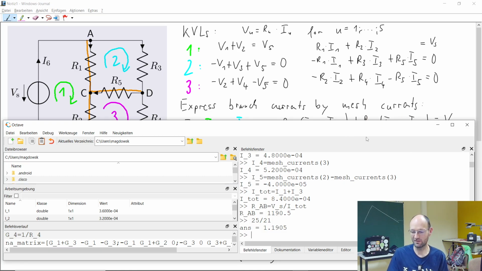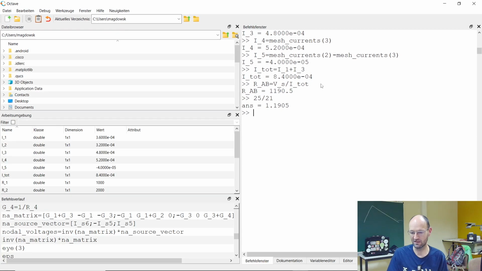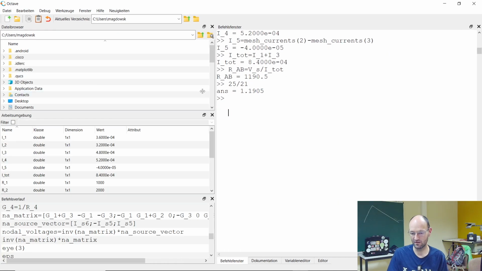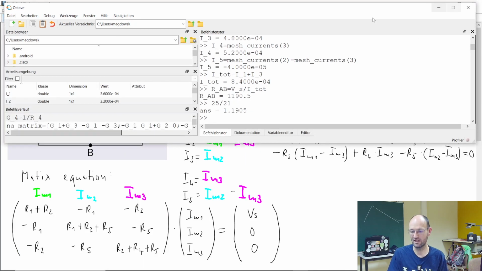Just maybe some small idea for MATLAB or for Octave here. If I scroll up a little bit, these are the 5 branch currents that we have in this case. And we could try to make this calculation a little, not simpler, but maybe shorter, by having another matrix.